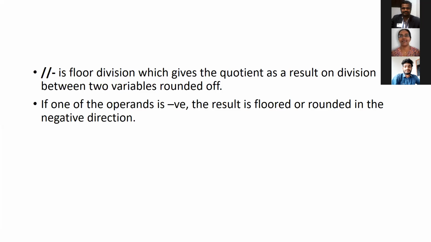I'll just ask a quick question here. Let's see who answers this first. If I say 5 double slash 3, what is the answer that you're going to get? The symbol that you're seeing here, 5 double slash 3.